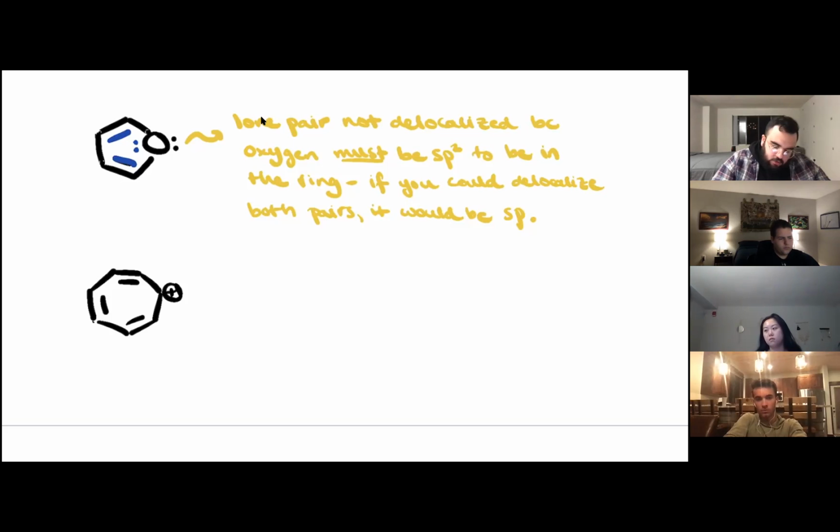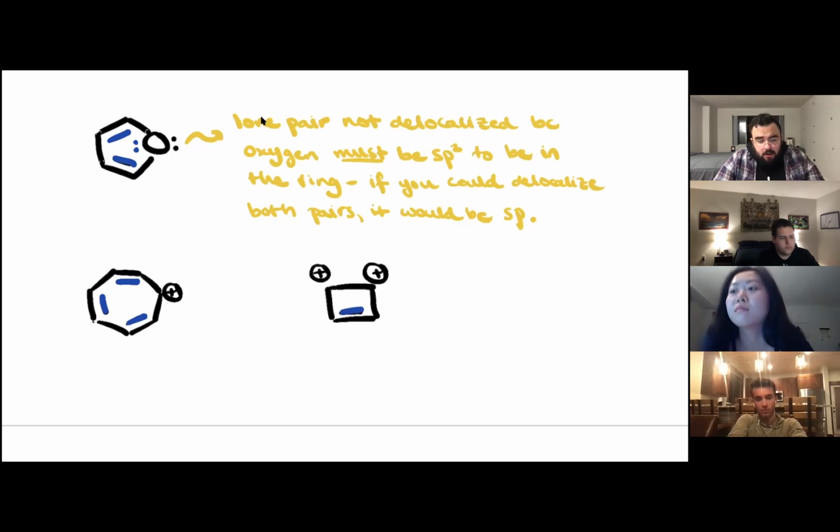We can draw resonance structures all over the place, and every atom is sp2. And our 3 pi electron pairs are just these 3 pi bonds. One last one, a very funky example. This one here, yes, you have 2 positive charges next to each other, but the whole point is that you only have 1 pair of pi electrons, which is an odd number, and it still cycles around the ring. Cool, so that would be a good contender for an aromatic.